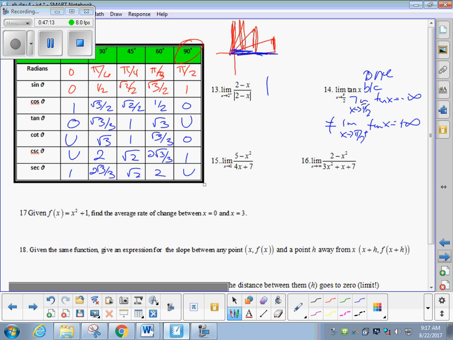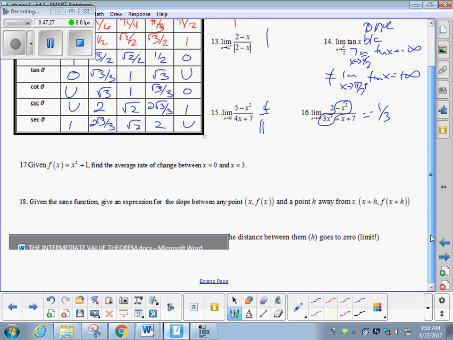On a test or a quiz, you would probably get 1 out of 3 for just saying DNE without justifying why. Direct substitution works here. That is 4/11. On an infinite limit, you look at the greatest powers and how they relate. That's negative 1/3. And then the average rate of change questions are meant to lay the groundwork for tomorrow. We start the derivative tomorrow. That's 3 with work to support.